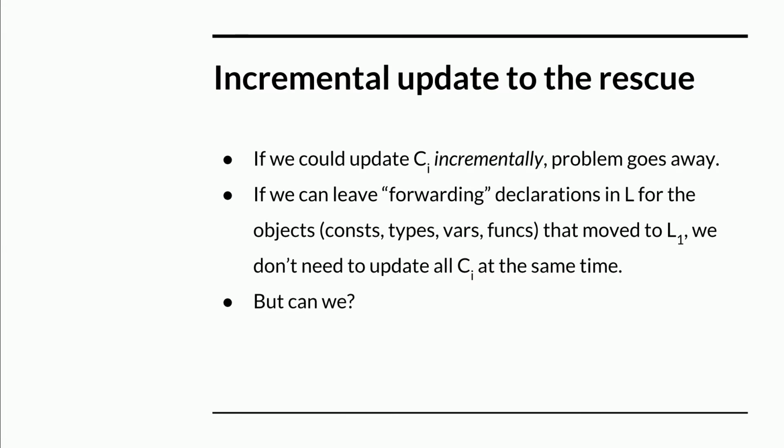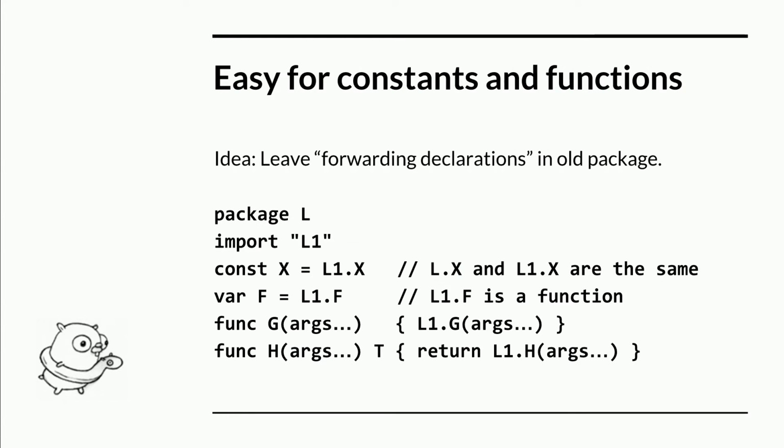And that would be pretty easy to do if you could leave some kind of forwarding declaration in the package L that would allow your clients to continue to refer to L, but actually start using the new package. But can we do this? Now, it turns out this is pretty easy for constants and functions. Let's say you have this package L, and you now factored out some stuff into package L1.